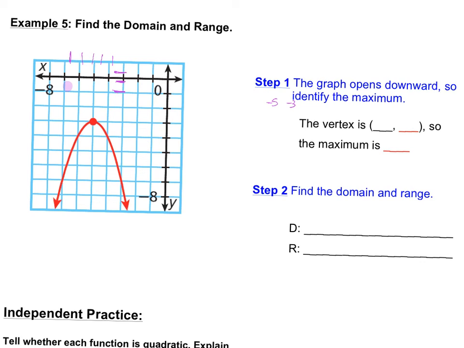The maximum is negative 3. That's the maximum height that I get to, correct? And the domain is all reals, always. And the range is going to be that y has to be less than or equal to negative 3, because it's negative 3 or everything less.